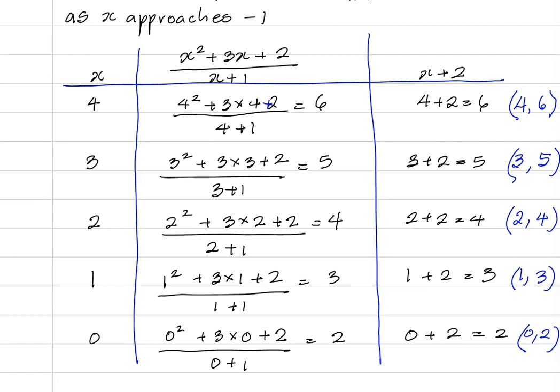We could see that from the top: when we factorize x squared plus 3x plus 2, we get x plus 1 multiplied by x plus 2, and the x plus 1 in the numerator and the denominator cancel, leaving only x plus 2. So for every value of x so far, f of x has the same value as x plus 2.